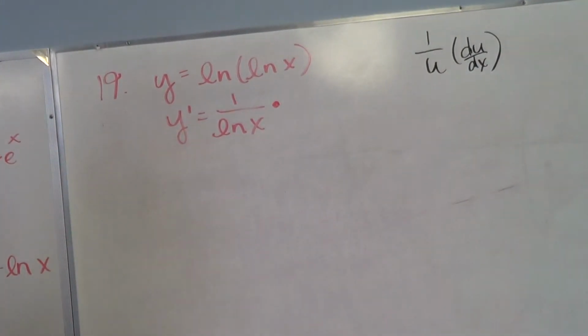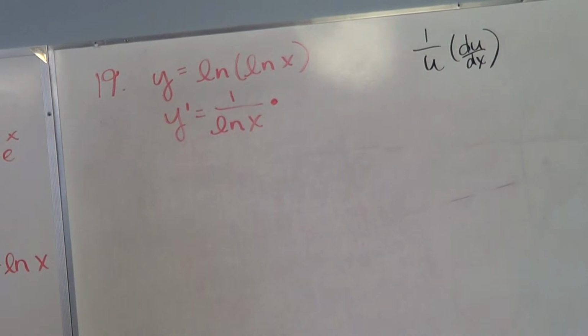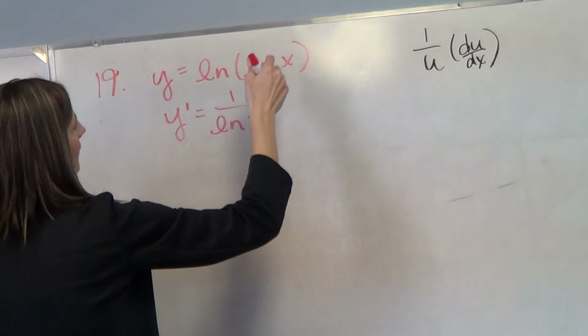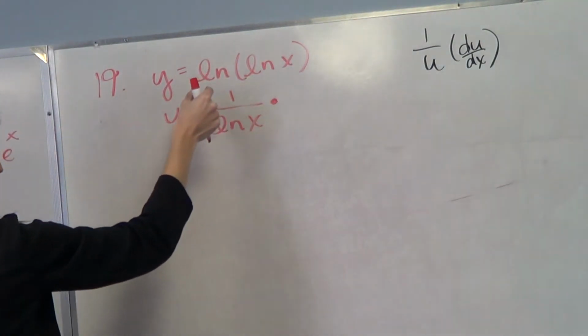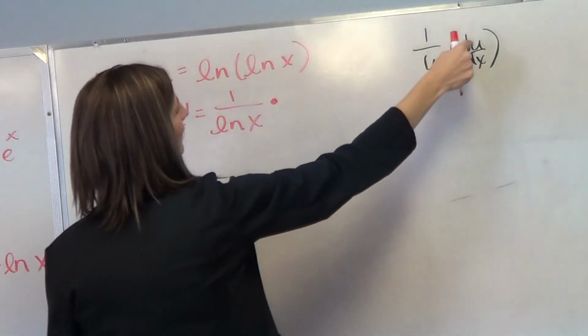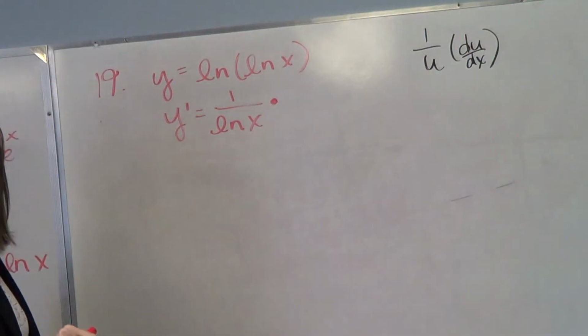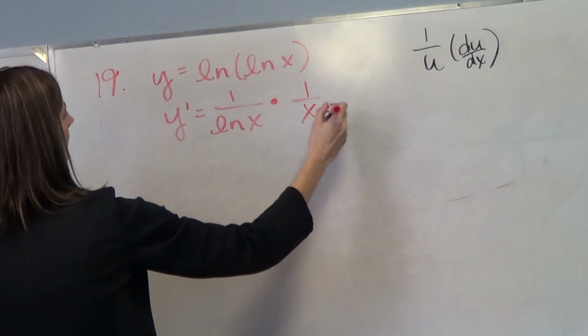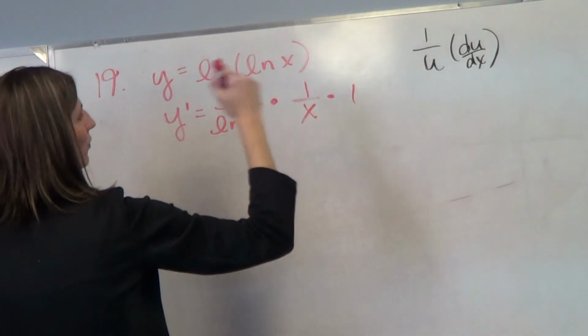What's the derivative of the natural log of x? Why wouldn't it just be 1? Because that follows the same rule as this, because it's just one inside the other one. So it would be 1 over x, and then times the derivative of that, which would be 1.